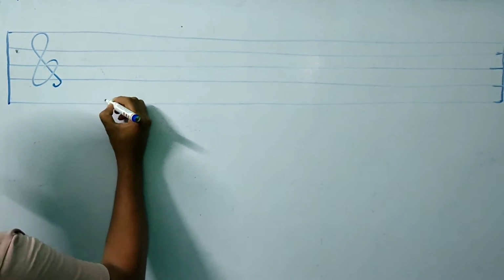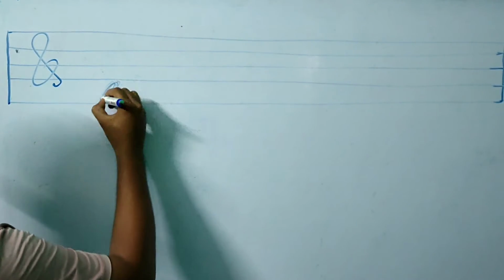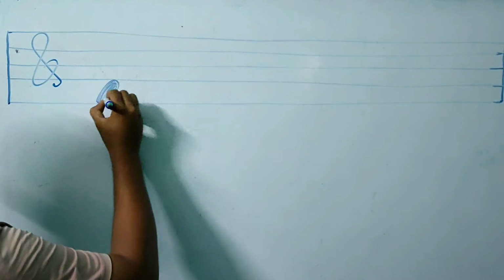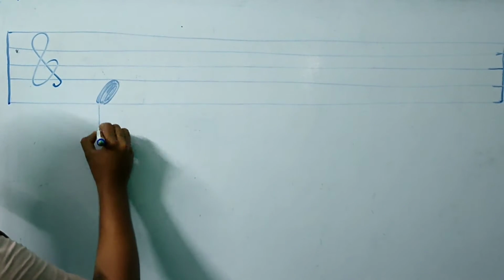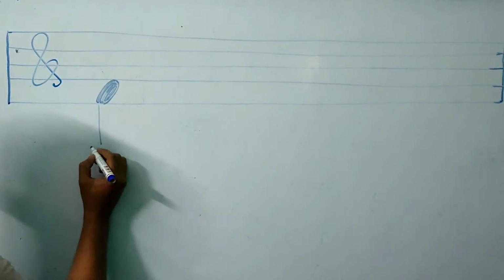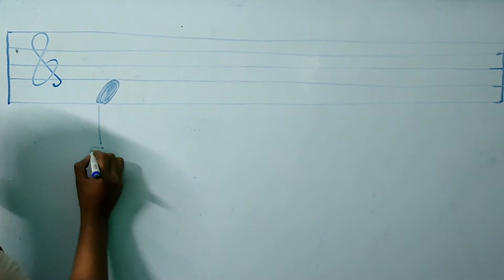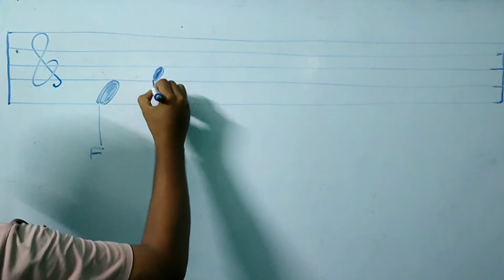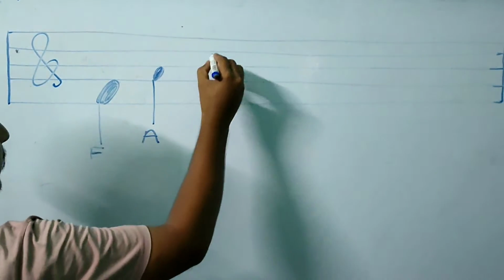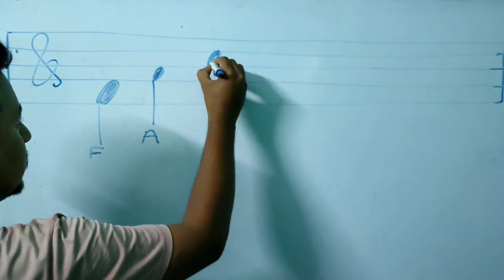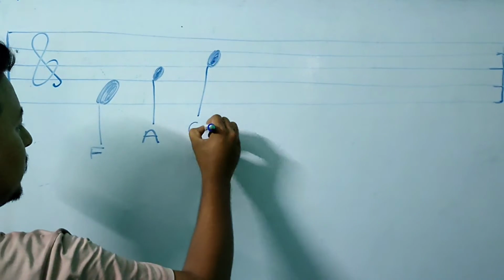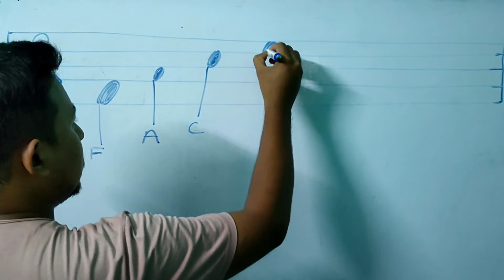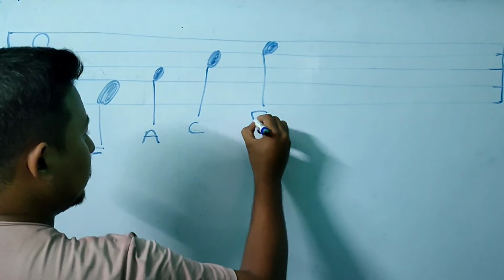So if a note is in the first space, okay, so this note is F. Second space, A. Third space, C, and fourth, that is the last space, is E.